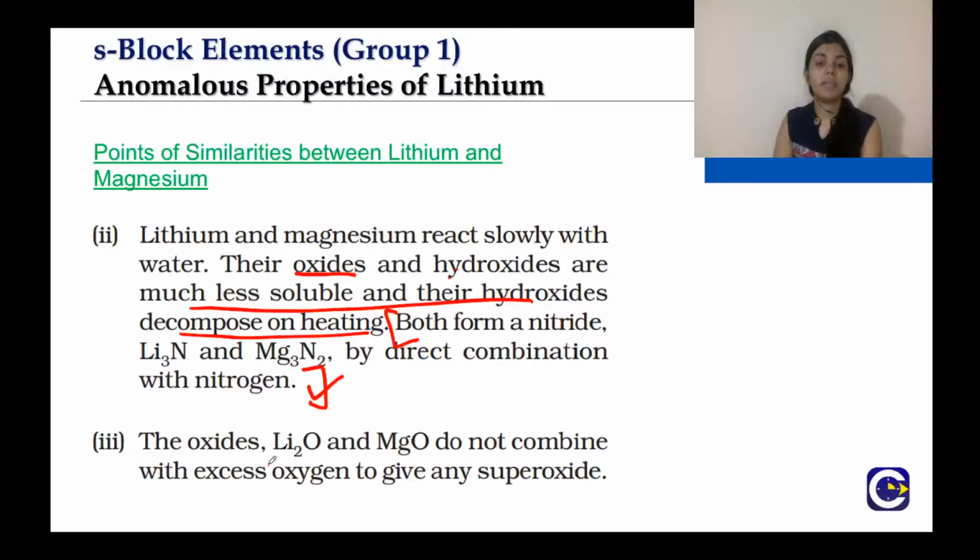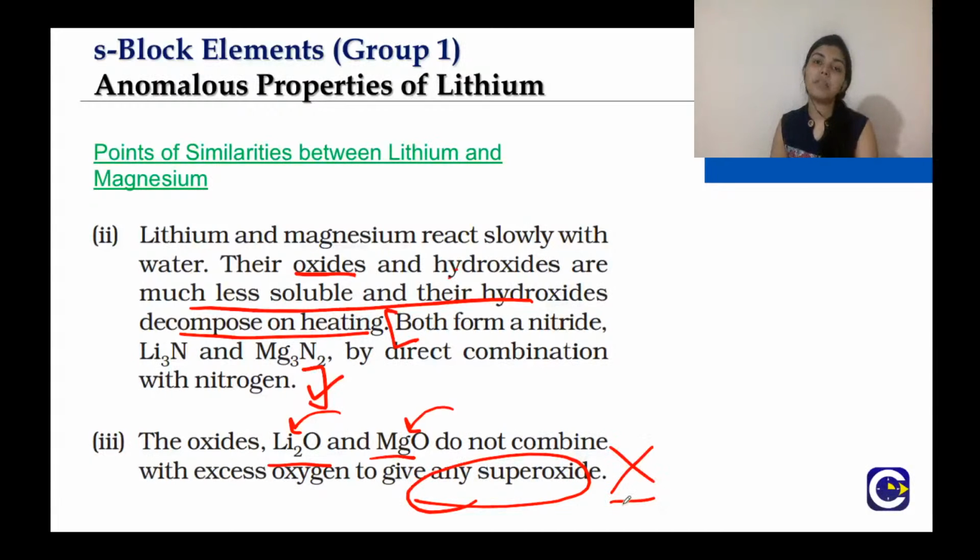Their oxides, that means lithium oxide and magnesium oxide, do not combine with excess oxygen. That means if you supply excess oxygen to magnesium oxide or lithium oxide, they will not form superoxide. Right? Rather, other metals in their respective groups will form superoxides.